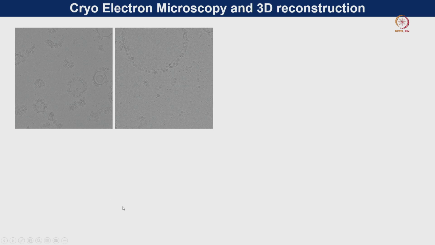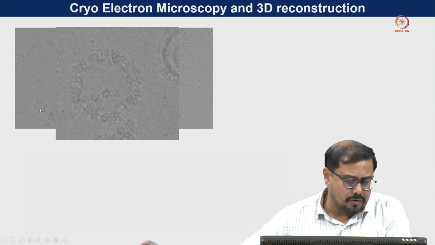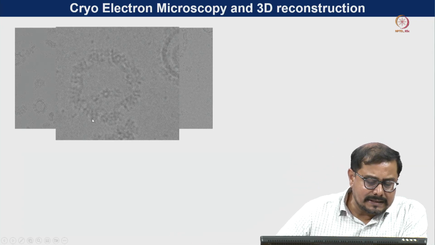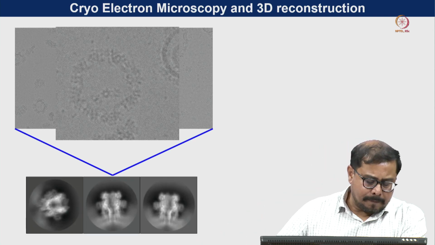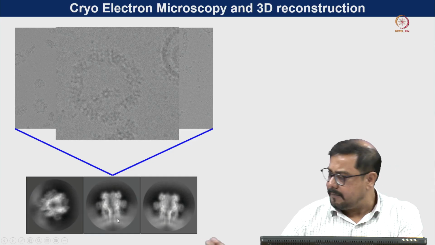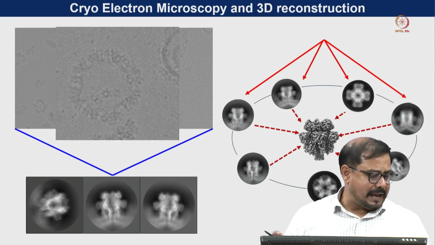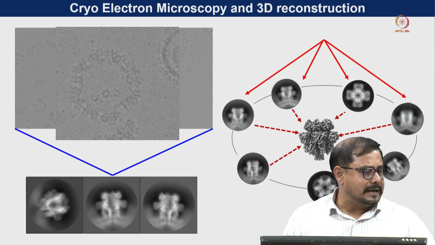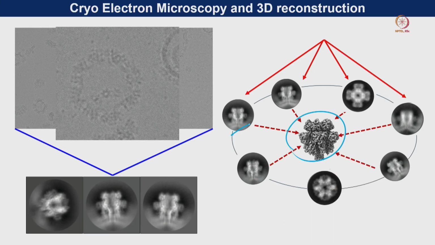Now if we go to the next one, you can see a similar type of liposome. Here the liposome is decorated with some kind of toxin molecules, and this is the enlarged view of that sample. If you go for a 2D average calculation, you can calculate 2D averages from these raw particles, and finally approach it in the same way and get a high resolution 3D structure from those 2D averages.